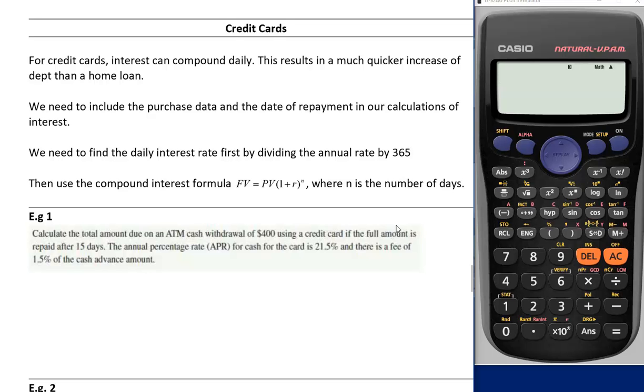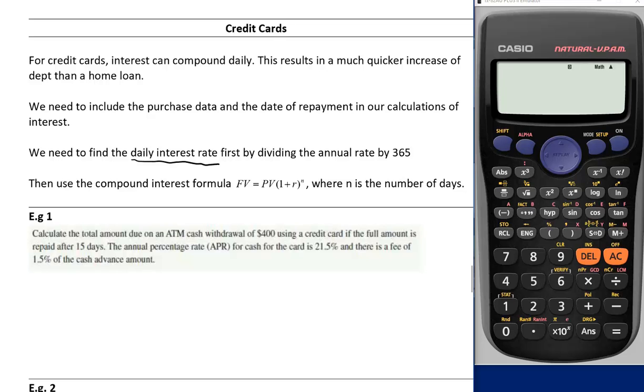However, there are a few things that we need to be careful of. So first thing that we need to be aware of is that the compounding rate of a credit card compounds daily. So we need to find the daily interest rate. That means if it's compounding daily, it's going to increase much quicker than, say, a home loan, which compounds monthly.